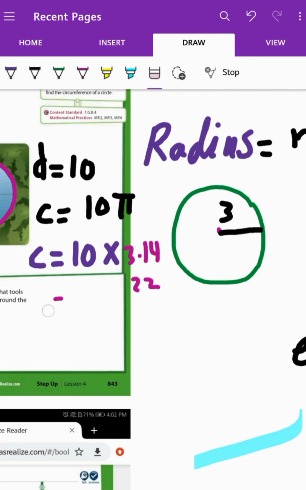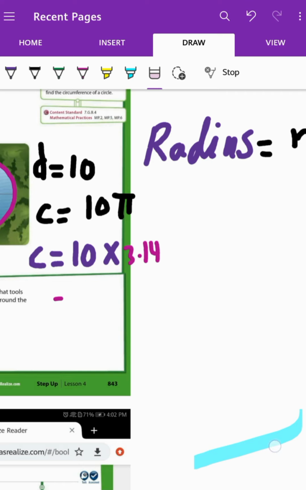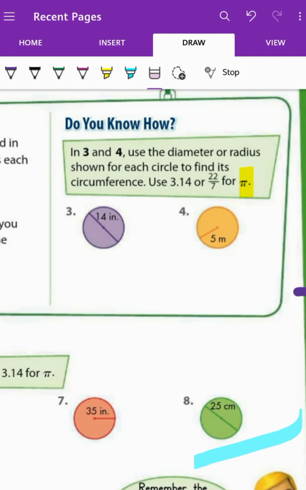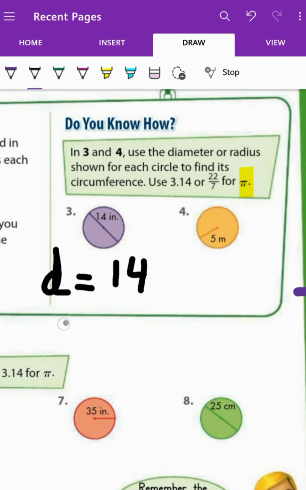Now let us take the first example. In number 3, is it a diameter or radius? It is a diameter. So D equals 14. And so C equals what? C equals 14 pi.